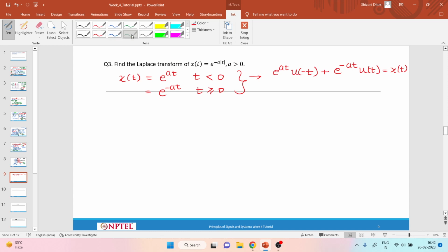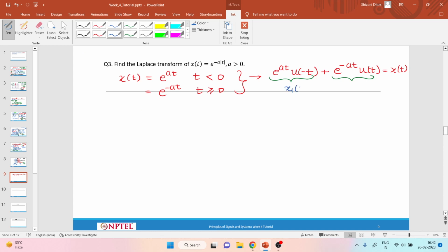So what we'll do, we'll apply the linearity property. First we'll find the Laplace transform of this, and then we'll find the Laplace transform of this. Both of these are standard signals, and therefore I'll derive the Laplace transform of these two once again, so that we can use it for finding inverses in the coming questions. So let us first try to find the Laplace transform of this.